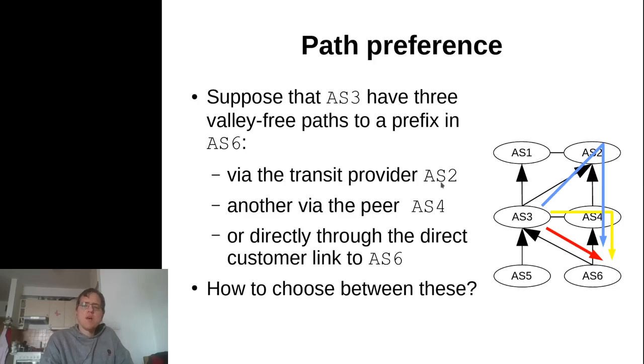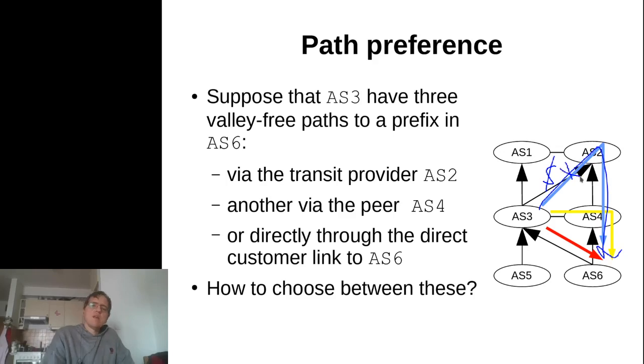If it chooses the transit path, then recall AS2 will charge AS3 for any traffic that it routes along this path. So as a simple rule, we just say that AS3 will refrain from using that path whenever it can, so it will only use AS2 if there is absolutely no other way to get traffic to the destination.